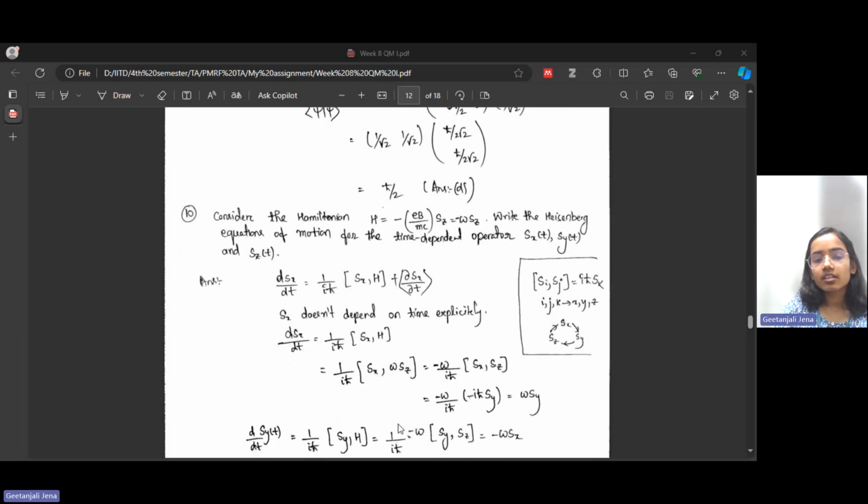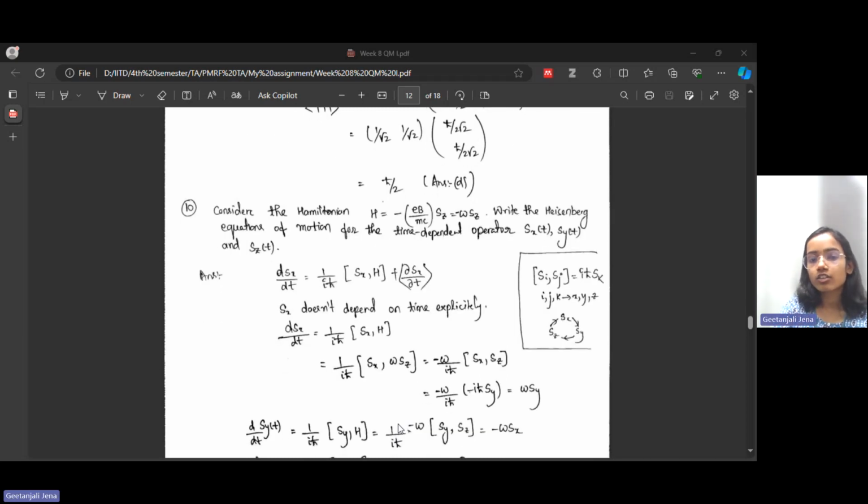Similarly, I think you can find the Heisenberg equation for Sy and Sz. For Sy, you need to find the commutation relation of Sy with Sz, and if you solve it, you will get minus omega Sx.